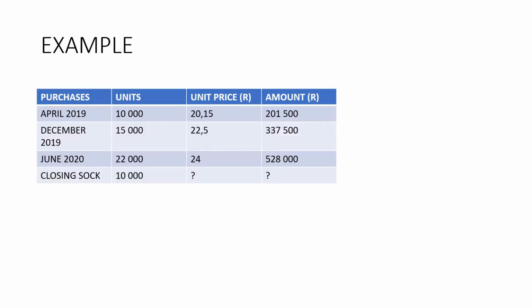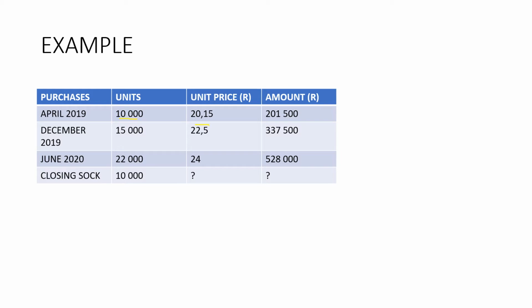So let's look at this example. This is for FIFO, first in, first out. Let's say we are a supermarket, right? And we've made a couple of purchases in a 2-year period. In April 2019, we bought 10,000 units, boxes of milk, for 20 rand 15 cents.